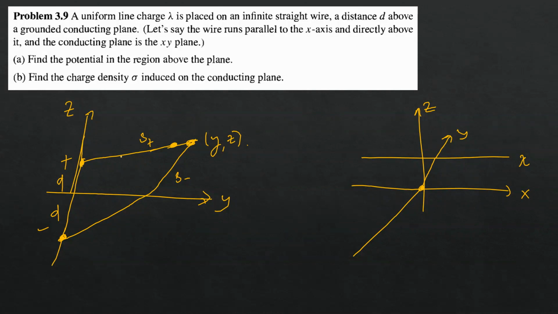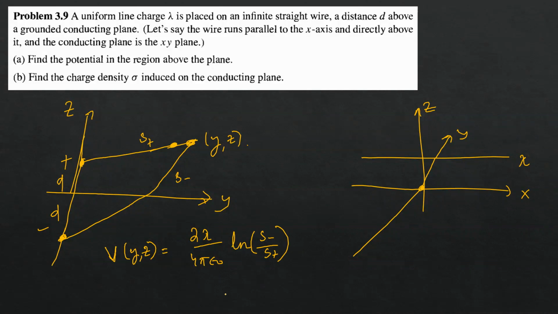Okay. So see here, the formula for it is what? V of y, z, if you remember, is 2 lambda by 4 pi epsilon naught ln s minus by s plus. Okay.